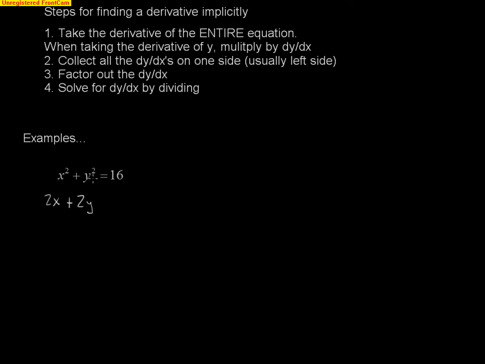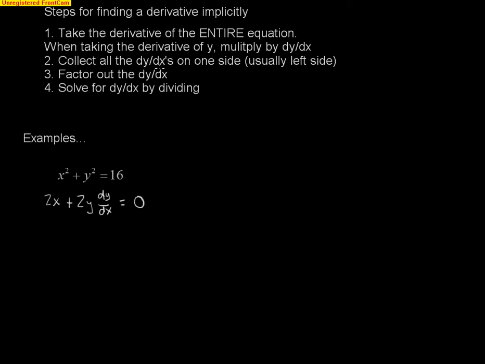But right here, again, because we took the derivative of y, we're going to multiply that by a dy dx. Some books will use y prime. I like using dy dx because you can see it a lot better. That y prime sometimes blends in with the y for the derivative over here with the 2y. And don't forget, you're taking the derivative of the whole thing, so the derivative of 16 is 0.